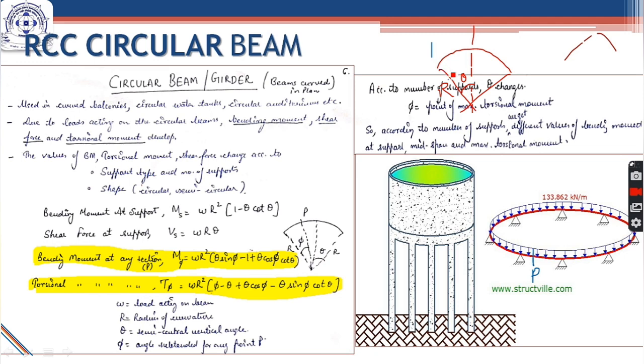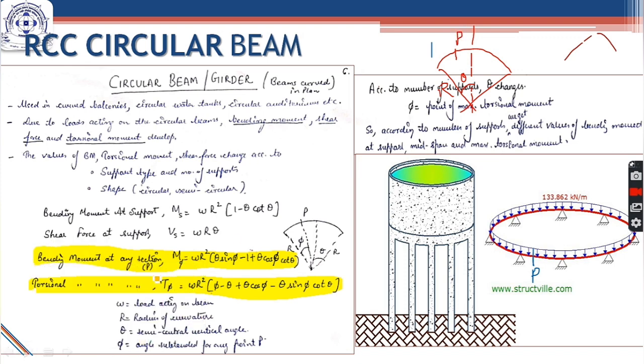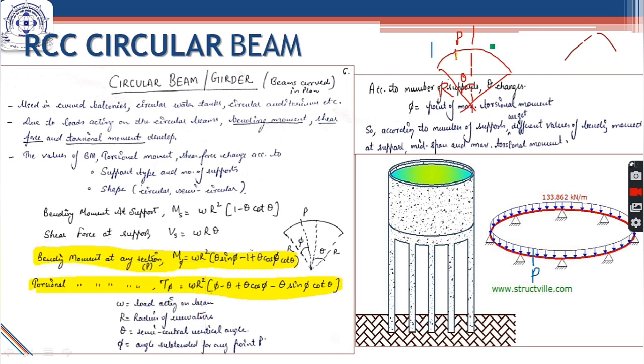So let us take any point P. The location of this particular point will be determined not by the linear distance from the support, but by this particular angle phi.